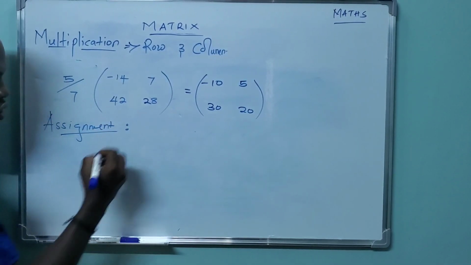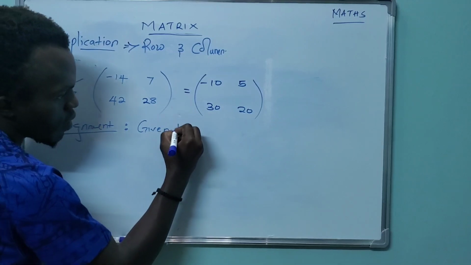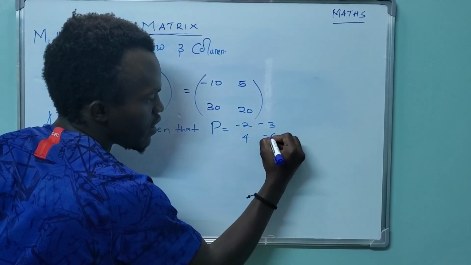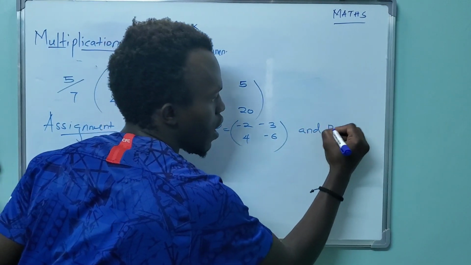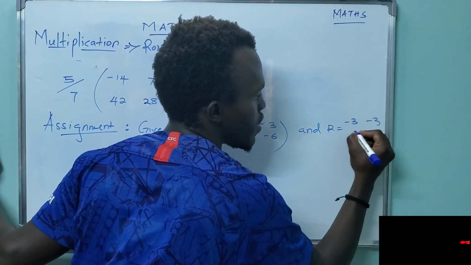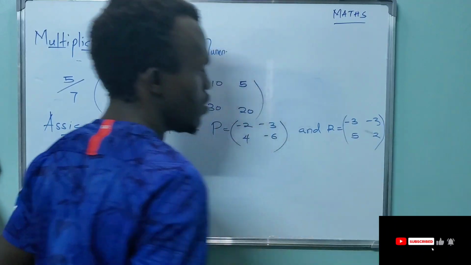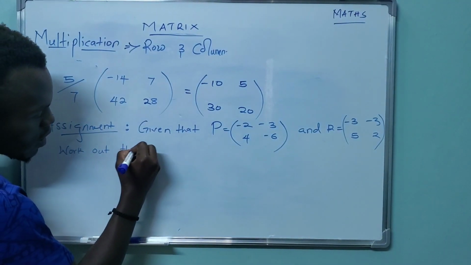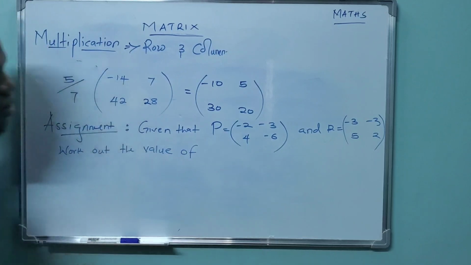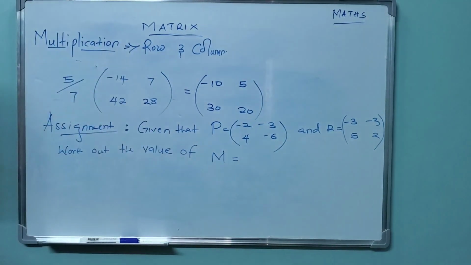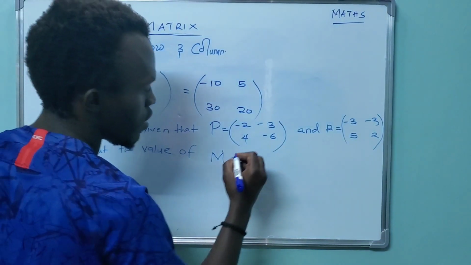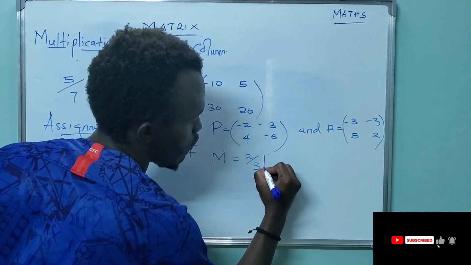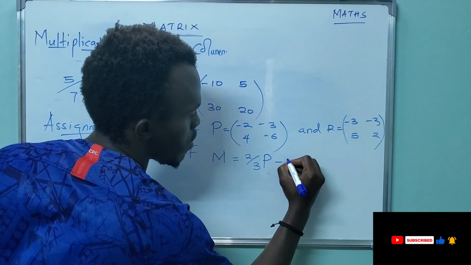Given that P equals negative 2, negative 3, 4, negative 6, and R equals negative 3, negative 3, 5, 2, you've been told, work out the value of M, which is given as 2 over 3 P minus PR.